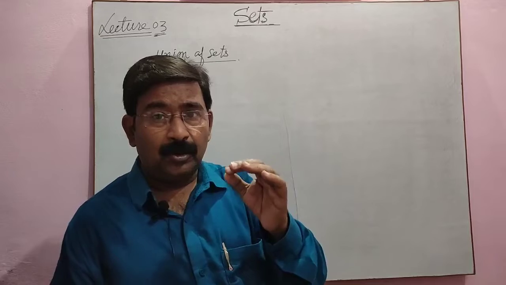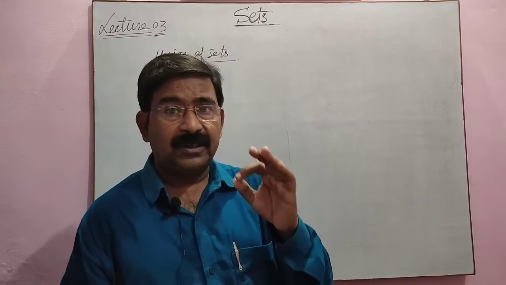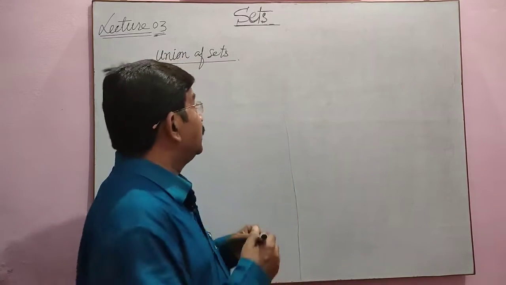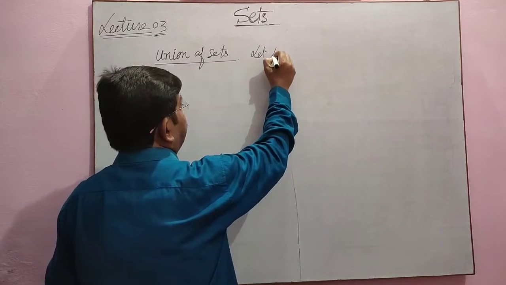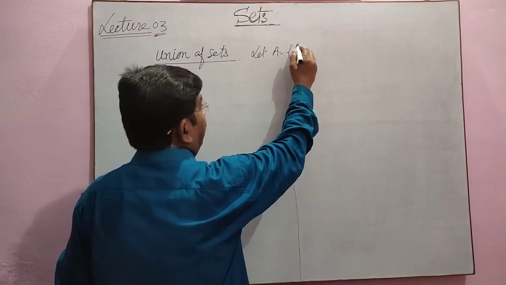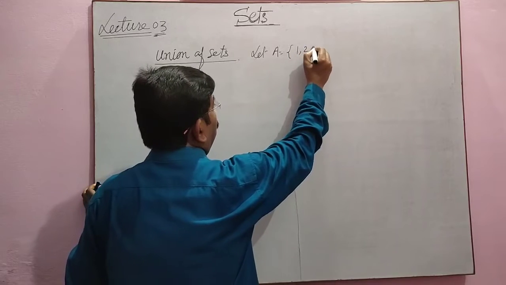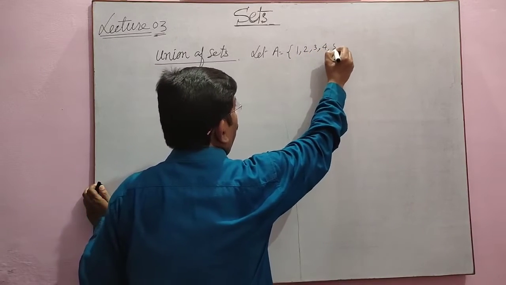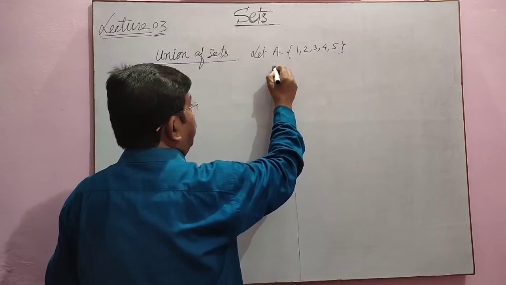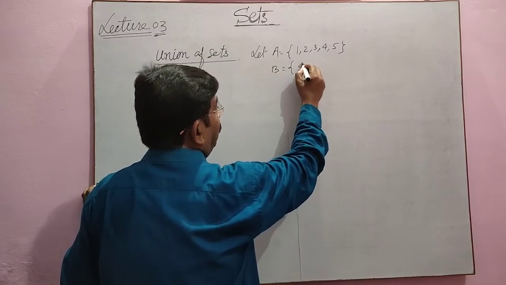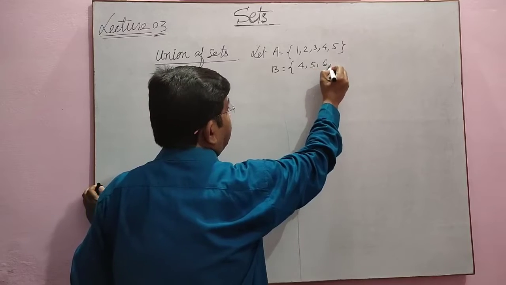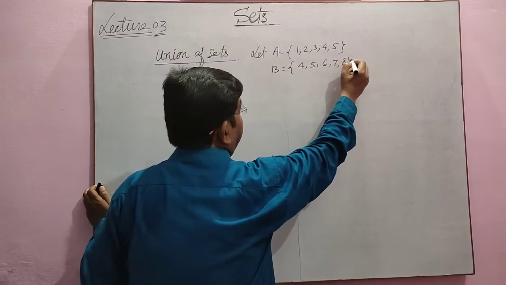I am giving it in general language. Suppose I give an example. Let A be a set containing 1, 2, 3, 4, 5. B is a set containing 4, 5, 6, 7, 8.